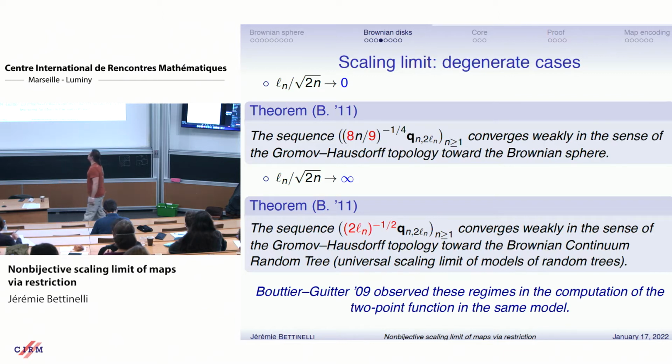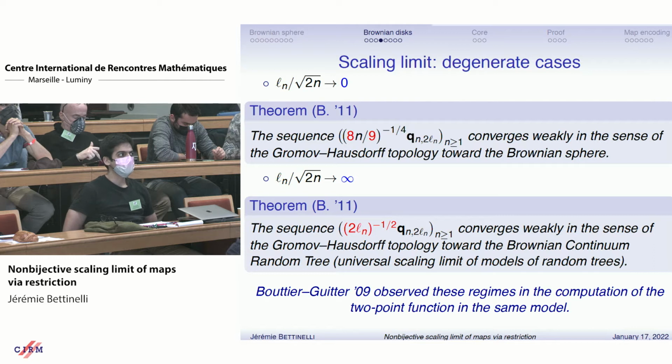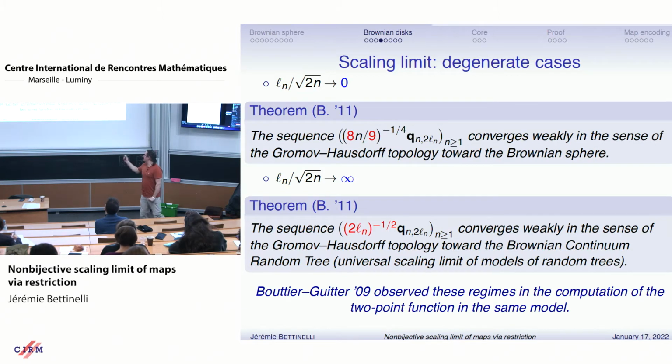And furthermore, Bouttier and Guitter, in another approach, already observed that these two regimes appeared in the context of the two-point function, so the distance between two vertices in the map.